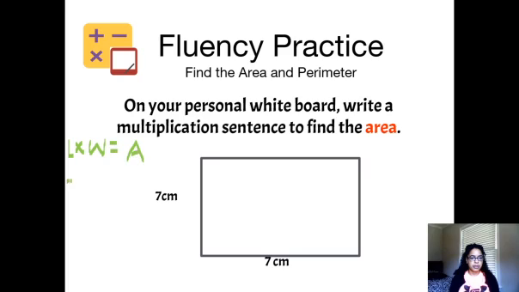Here we have 7 centimeters times 7 centimeters equals area. 7 times 7 is 49 centimeters squared equals area. We're done. Let's keep it moving.